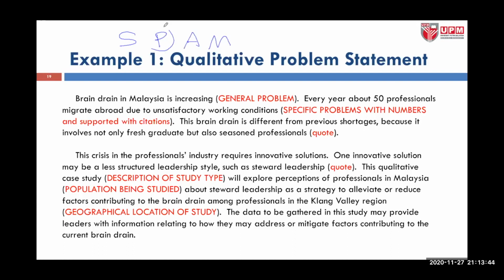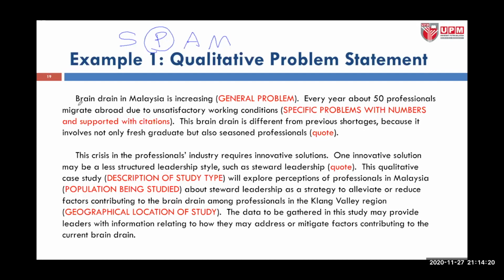So this P is the simplified problem. In this particular case, the problem here is brain drain. In the title we don't really specify whether it involves professionals or a geographical location.